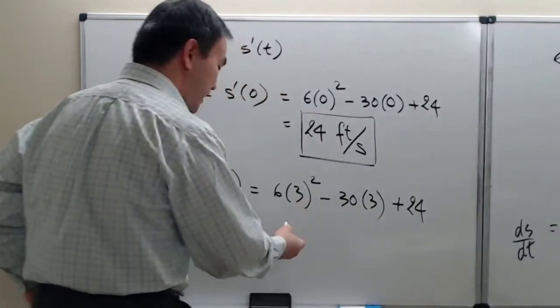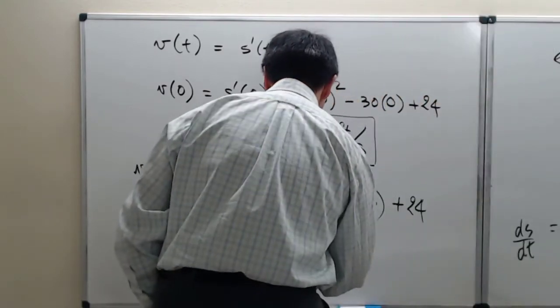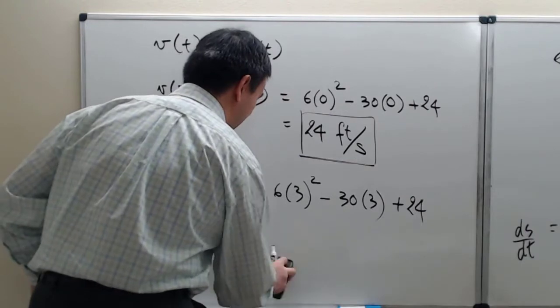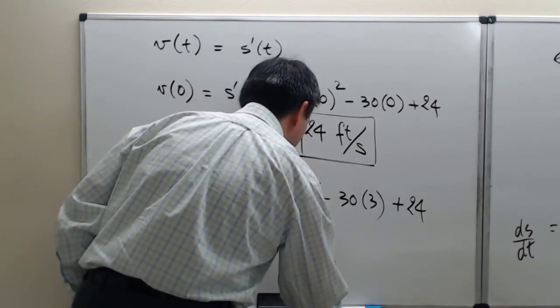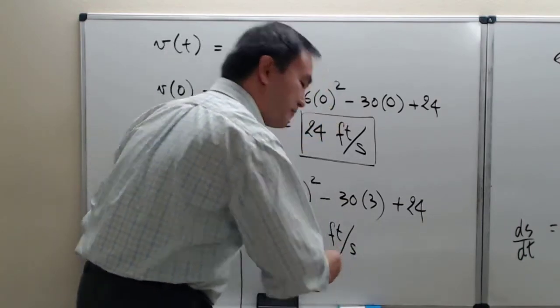All right, so my calculation shows minus 12. Minus 12. And yes, this is feet per second.